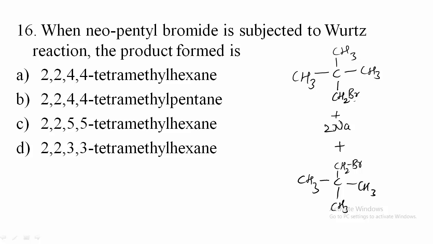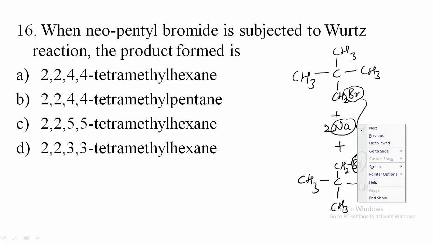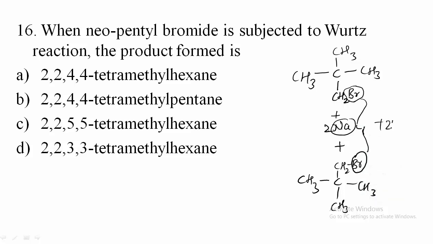Now what happens? One Na will react with one Br and another Na will react with another Br. So what will form? 2 NaBr will be obtained. Now if I remove the Br, the two CH2 get linked. How can we write the compound?